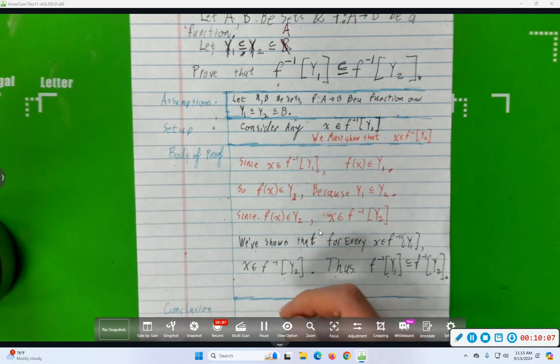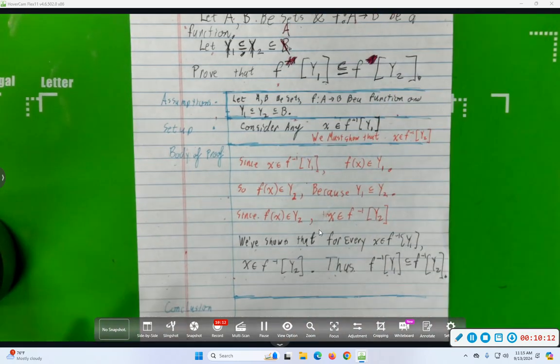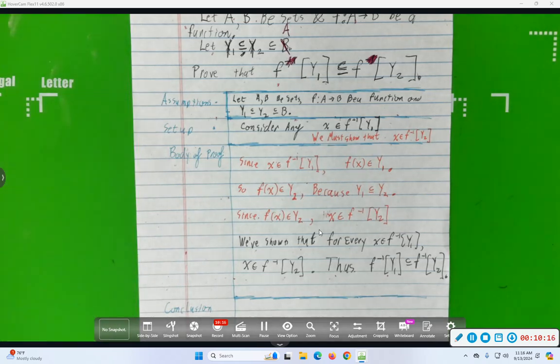Replace those two with subsets of the domain. And delete that. See if you can prove that. Not homework, unless it is. I don't remember what I assigned for homework at this point.